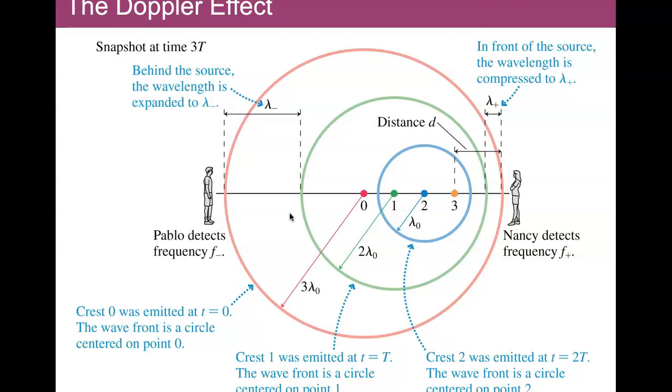At point 1, again, it generated a wavefront that has now reached this circle. When the source reached point 2, it generated this wavefront. So over here, we see these wavefronts compressed together. So that's what Nancy sees over here.